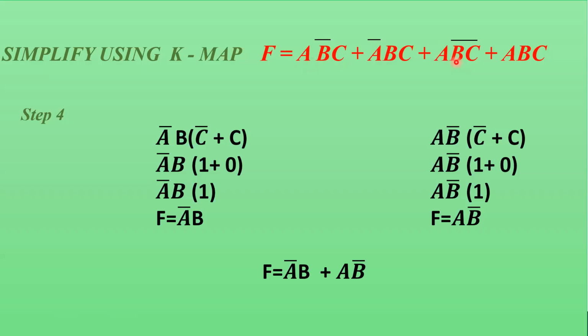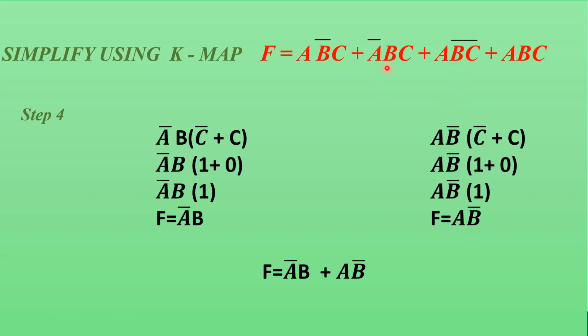A and B complement is common. Clear? C is different because here C is 1 and here C is complement 0. Okay? So we will take the common, AB complement common, take the common, C complement plus C. Suppose C complement is 1 and C is 0, then add it, 1, and this one is A complement.